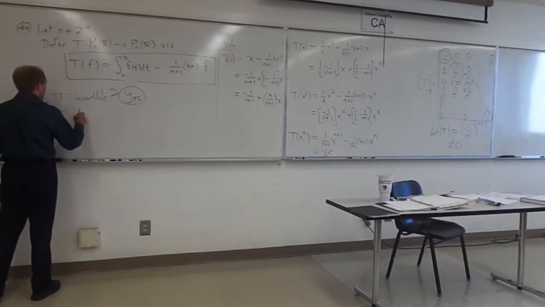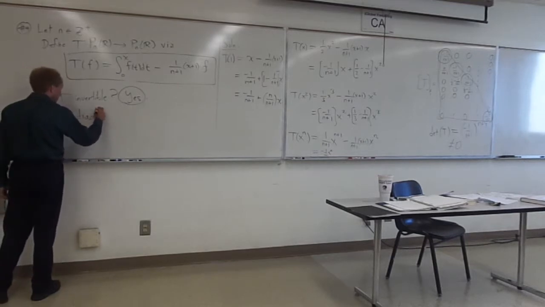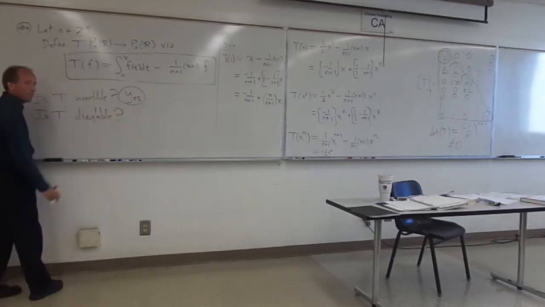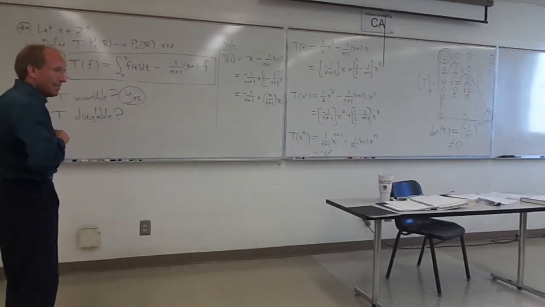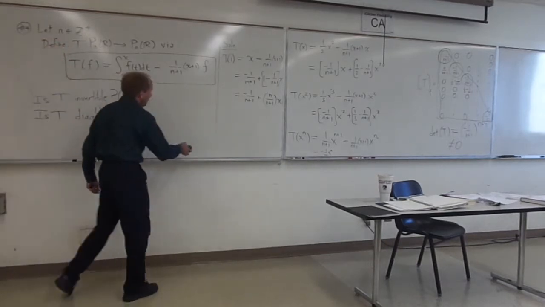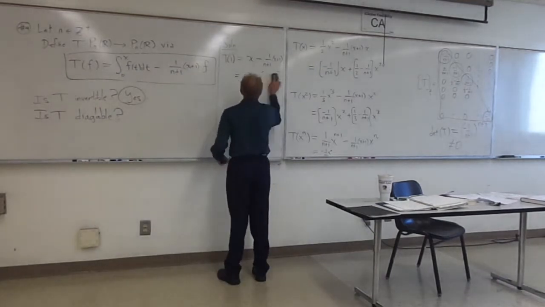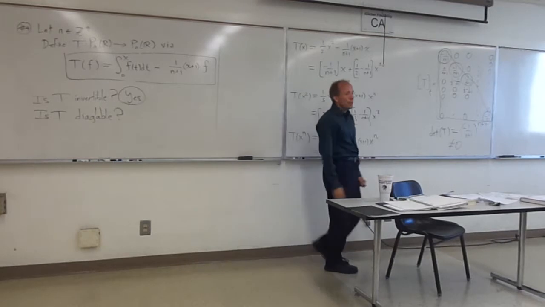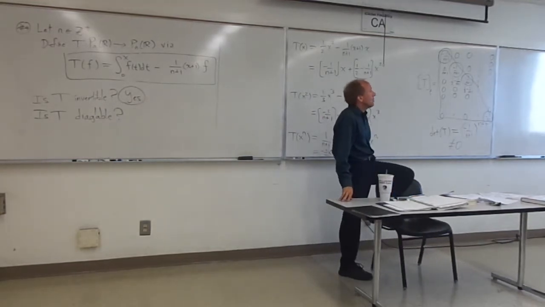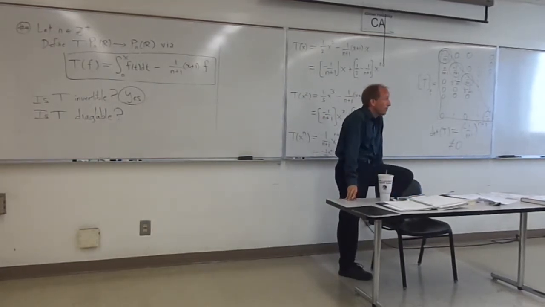Okay, let's ask another question. Is T diagonalizable? Let me propose an answer. Oh, well, first of all, to decide if it's diagonalizable, the first thing I have to do is find the eigenvalues.